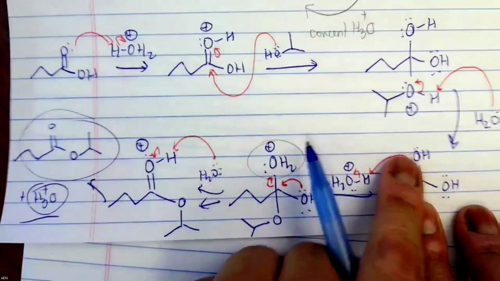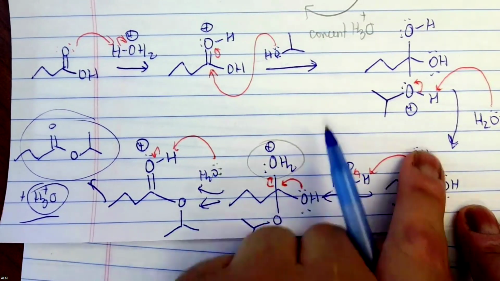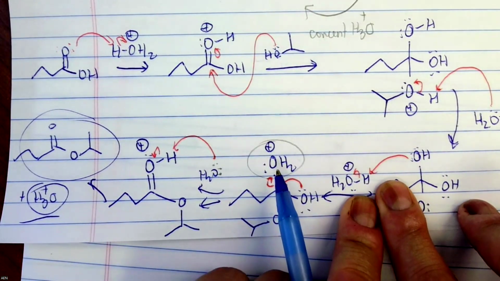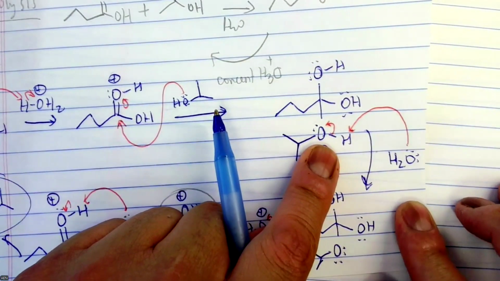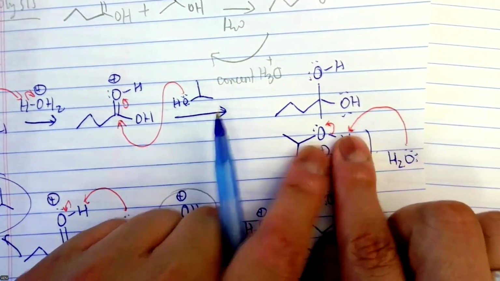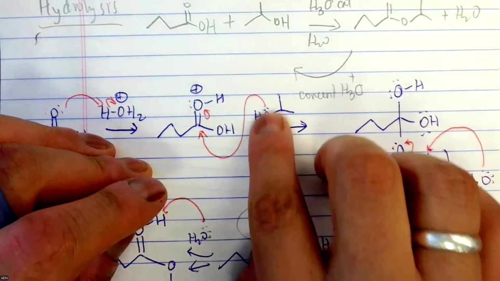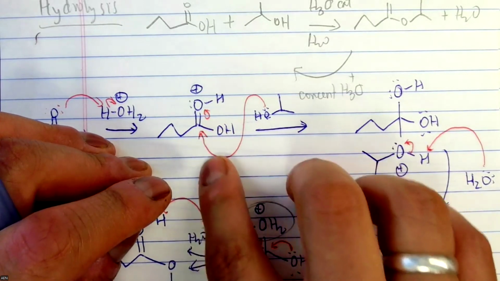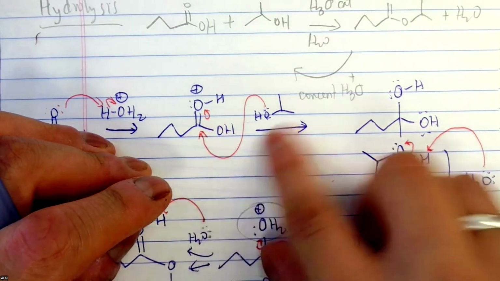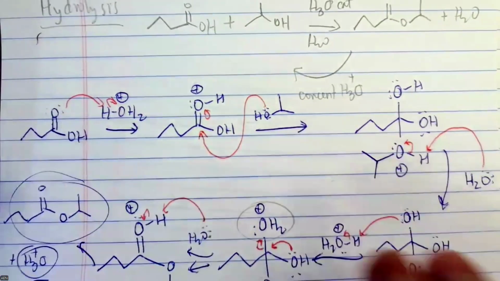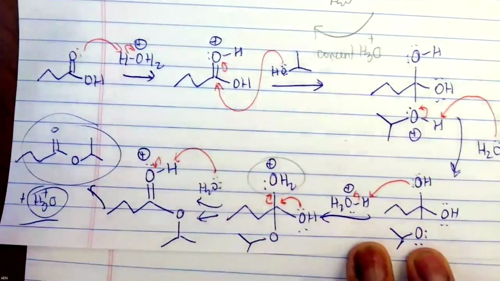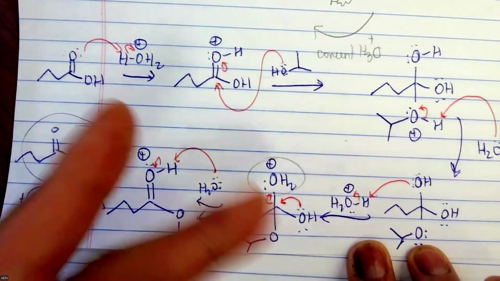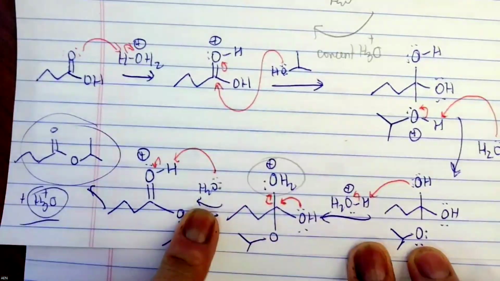If this step is the protonation, in the reverse reaction it will be deprotonation. If this one is deprotonation, the reverse will be protonation, right? So here is nucleophilic attack, then in the reverse reaction it will be loss of leaving group, right? So everything will be exactly the same, except it's the opposite reaction. You will reverse it if you are asked for the hydrolysis.